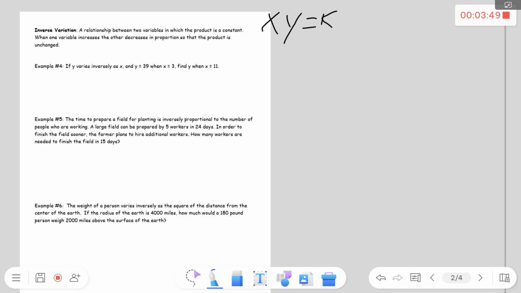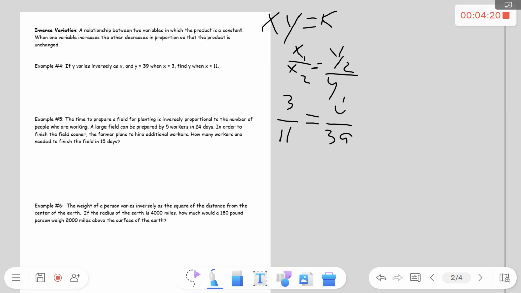Example 4 says they vary inversely. So it's going to be x1 over x2 equals y2 over y1. Okay, so if when y is 39, x is 3, right? So in this situation, your x is 3, and that means this guy is 39. What happens when x is 11?